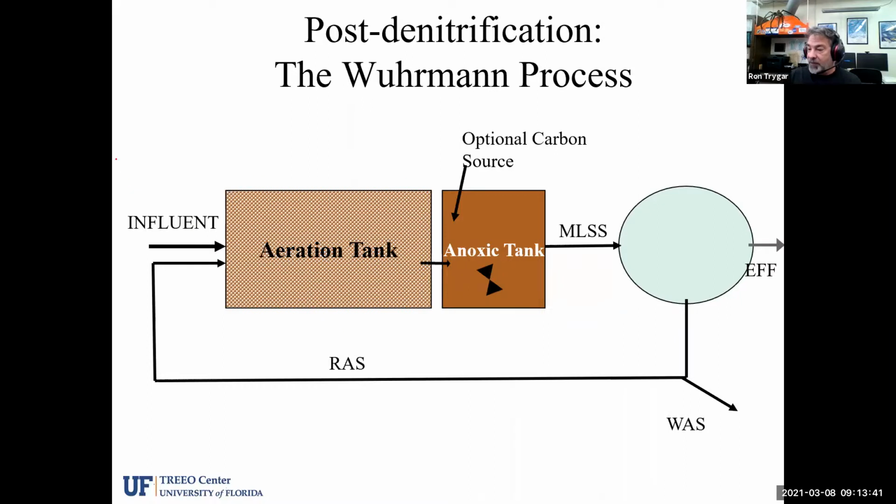Now, remember, influent has BOD. That's what's coming in here. We have CBOD, which we know is the carbonaceous biochemical oxygen demand. And we also know that it has TKN coming in the influent. So it has all these different things that we could measure. The main thing is the TKN is going to be nitrified through the aeration tank.